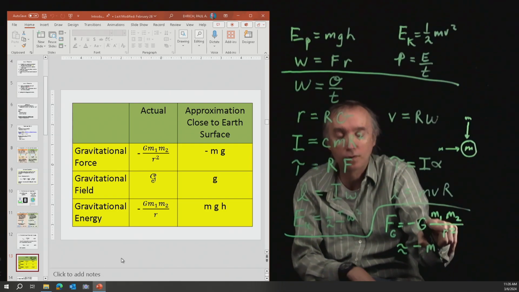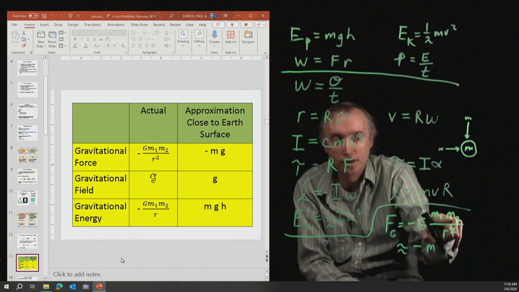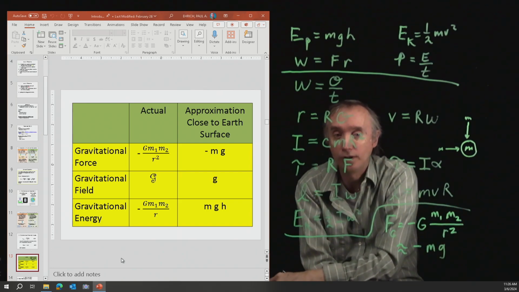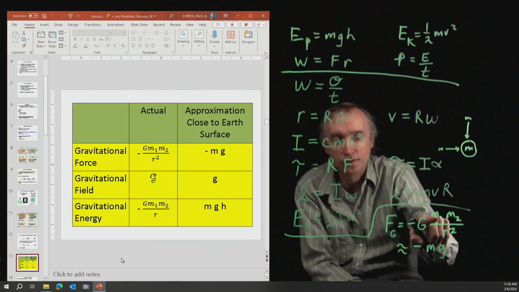When you put in the radius of the Earth and the mass of the Earth and then you do your calculations, all of this other stuff becomes g, that 9.8 thing. So you're left with the other m, which was this m here.